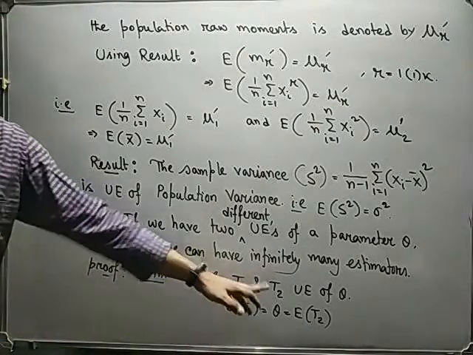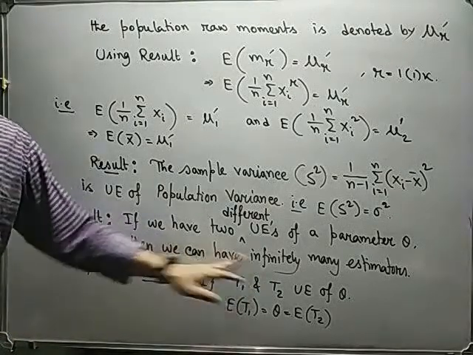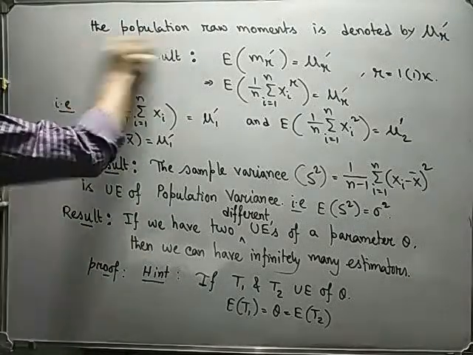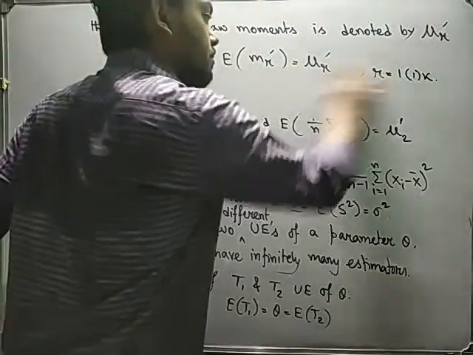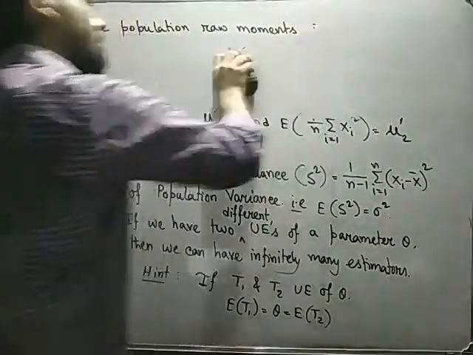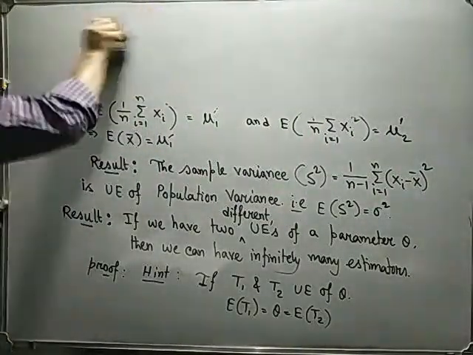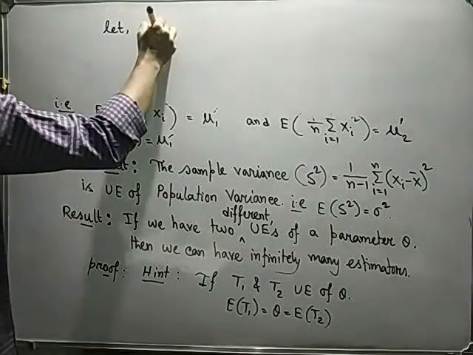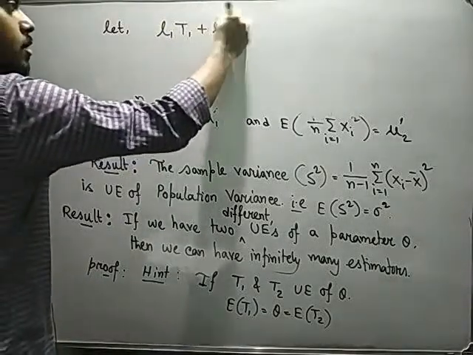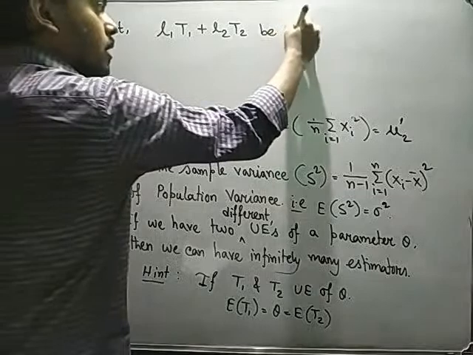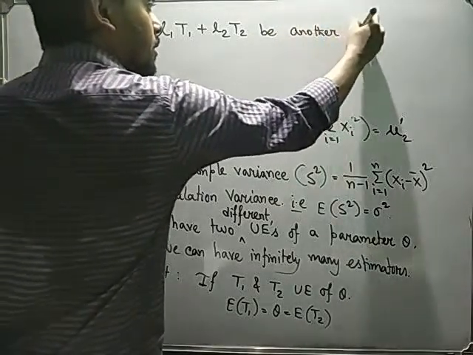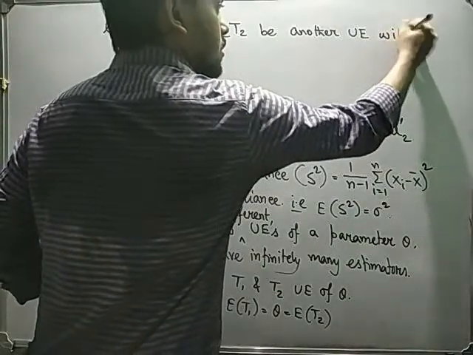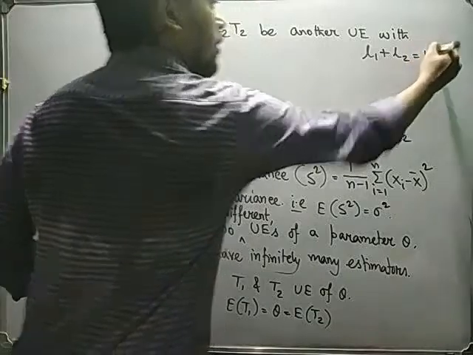Now let's take a linear combination of T1 and T2. Let L1 T1 plus L2 T2 be another unbiased estimator, with L1 plus L2 equal to 1.